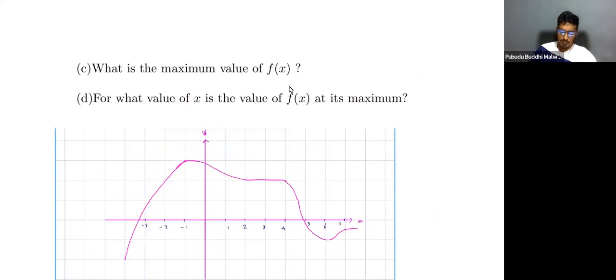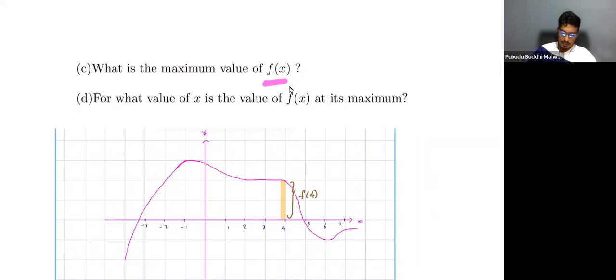So f of x, that's the function value, basically these heights. So for example, this height is f of x when x equals 4. In other words, that is f of 4.